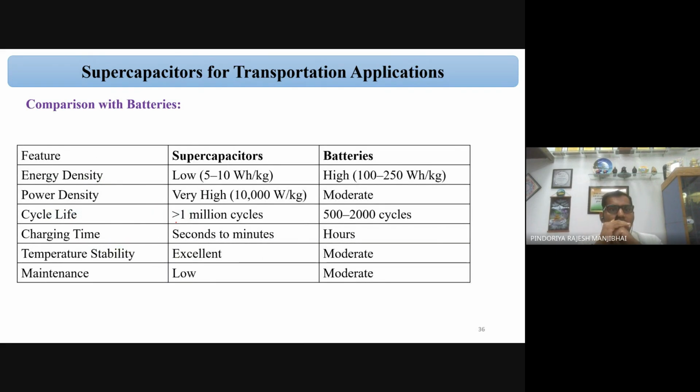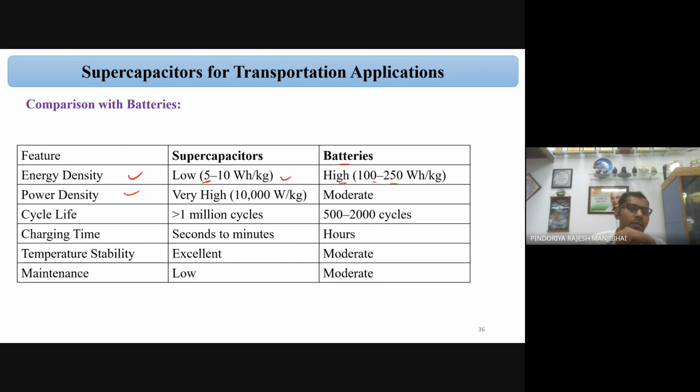So, comparison of the battery and the supercapacitor. Energy density for the supercapacitor is low, 5 to 10 watt hour per kilogram, but in the battery it is high, 100 to 250 watt hour per kilogram.